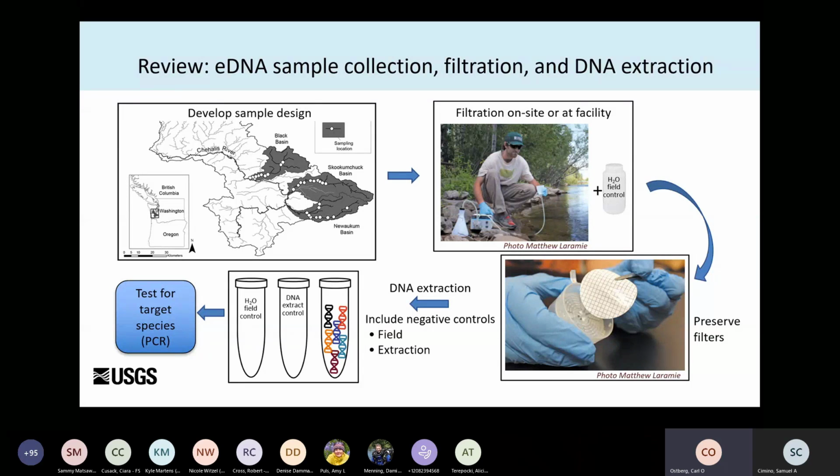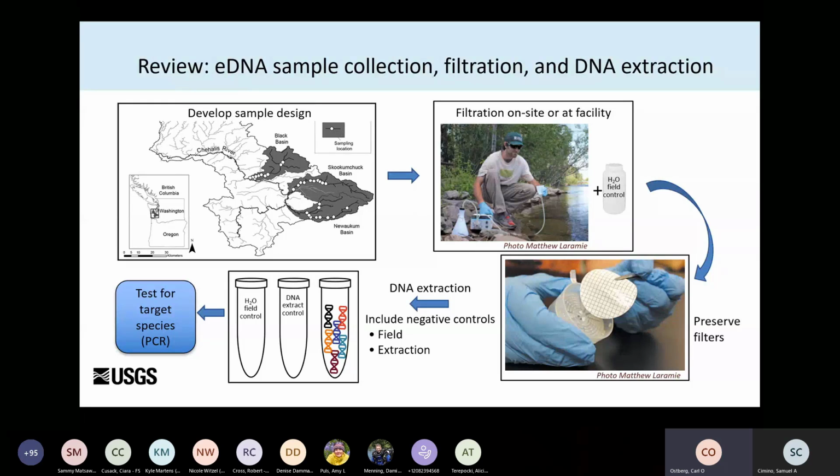And when we're collecting water samples, we're also going to collect some negative control water samples, and these are distilled water, and they're treated just like a sample. The negative field controls can tell us whether there may be some contamination during the filtration or preservation of the filters. And so then we preserve the filters until the DNA can be extracted.